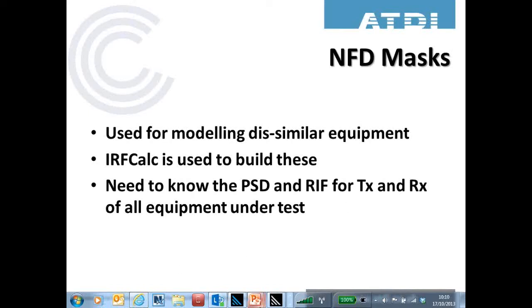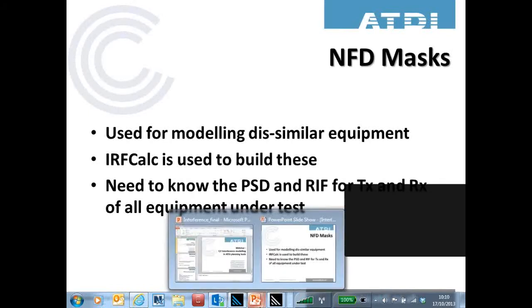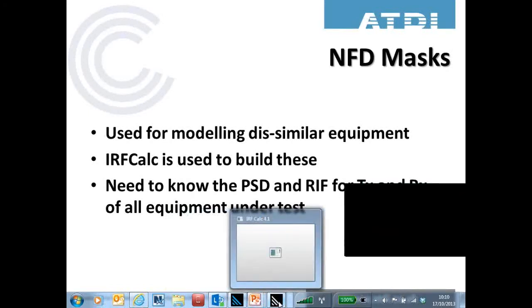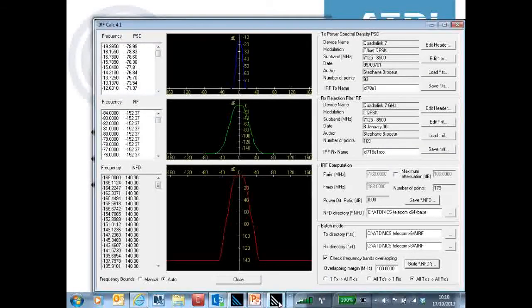If I just swap to the IRF calc, I have an example. What we have here is the ability to look at 2 different technologies. The transmitter, the top screen, power spectral density mask, against the receiver, the middle screen, a rejection factor.